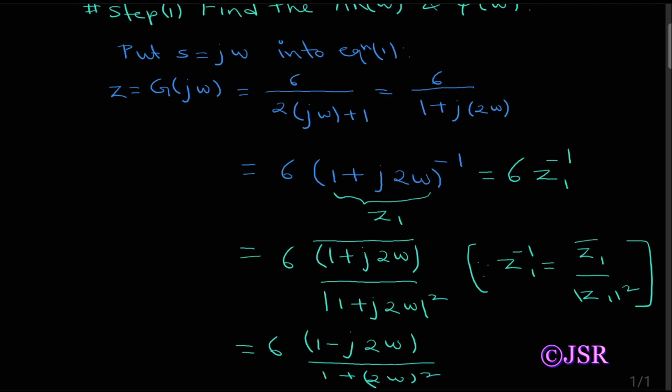and this will be equal to 6 upon 1 plus 4 omega square, times (1 minus j 2 omega).